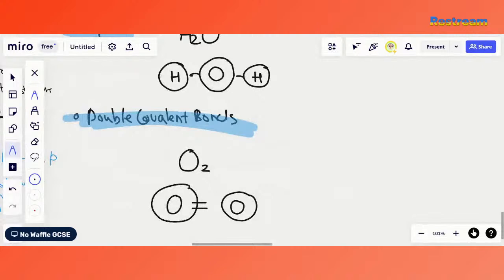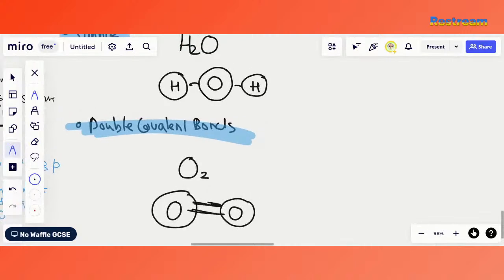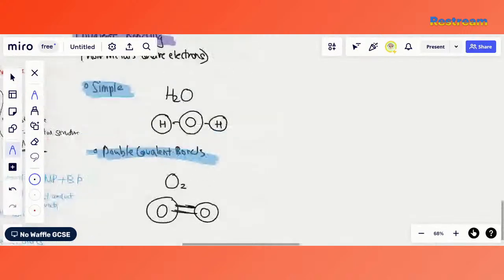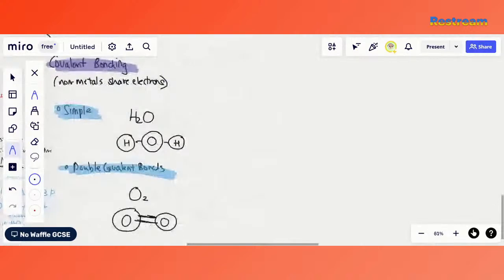And therefore, it needs to have 2 covalent bonds to share these 2 outer electrons. Now, double covalent bonds don't tend to be asked about, so it doesn't matter as much if you don't understand it. Just be aware of the fact that double covalent bonds exist, and it's just when non-metals share more than one pair of electrons.